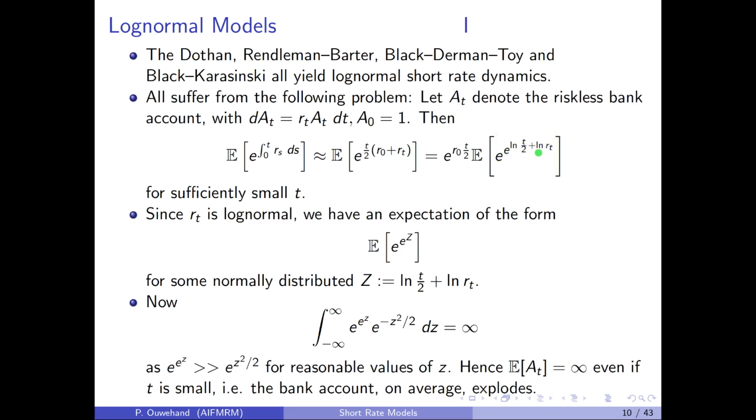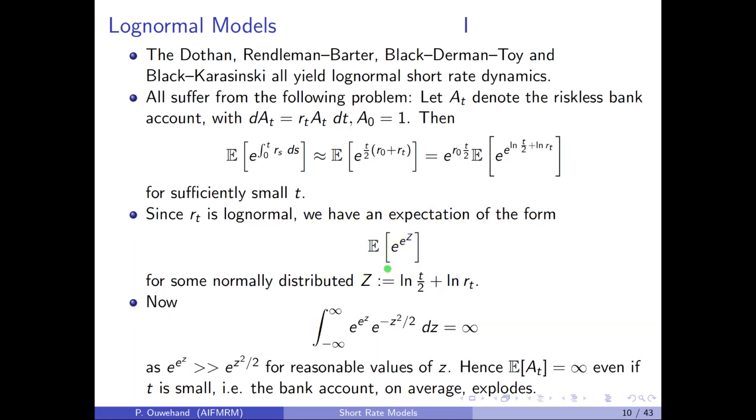Now, since RT is log normally distributed, the exponent here, ln t over 2 plus ln RT, is normally distributed. And so we have an expectation here, which is of the following form, where Z is normally distributed.